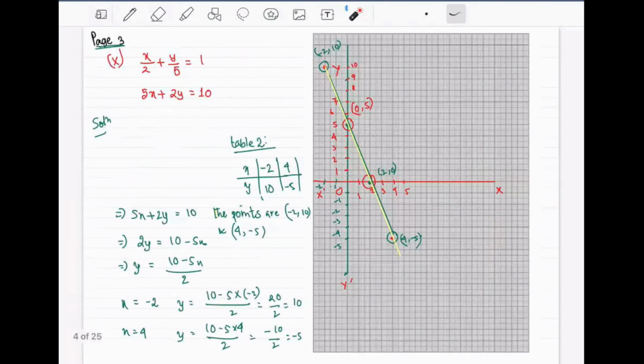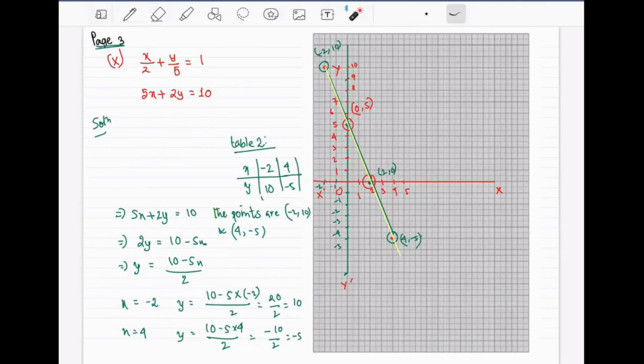But in the case of the two equations right here, every point on this line, whether it is (-2, 10), (0, 5), (2, 0), or (4, -5), all of them will satisfy these two equations. So when you are asked about the solution of two dependent equations, you will say there are infinitely many solutions.